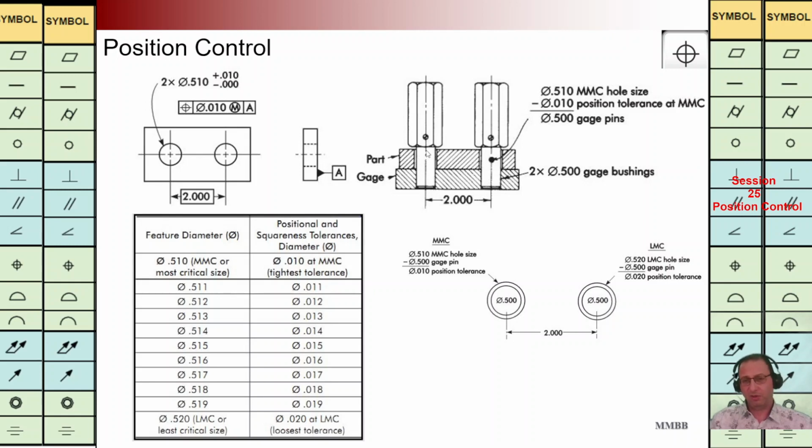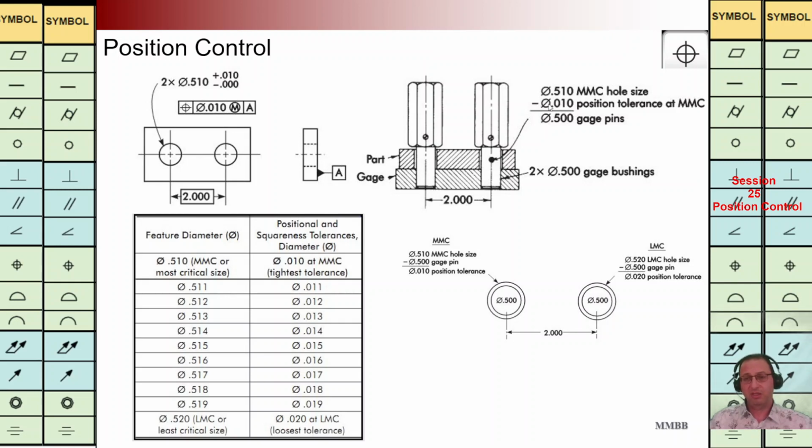At top right, we are going to have 2 gauge pins with a distance of 2, and the diameter of these 2 gauge pins is 0.5. We are going to consider the MMC for both of these holes. And then we have this TZ for positioning.